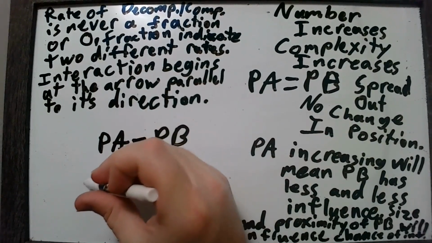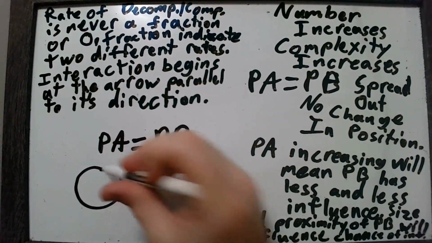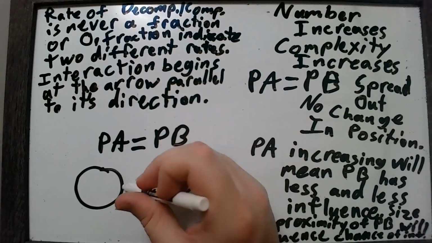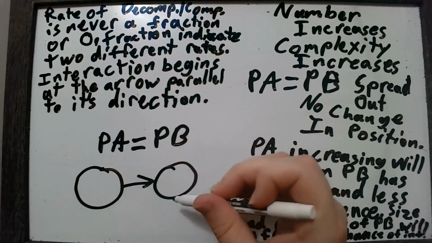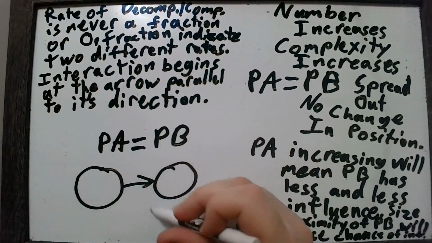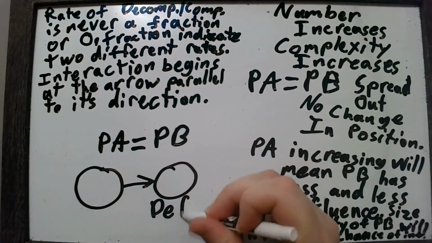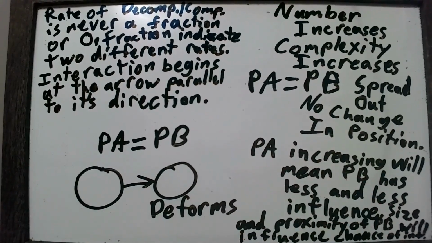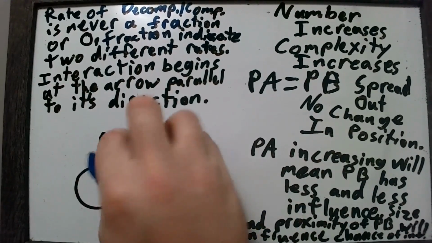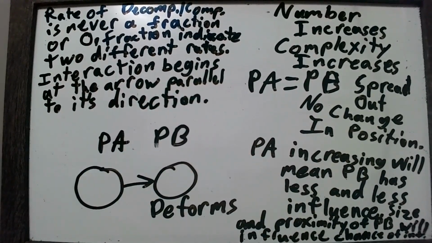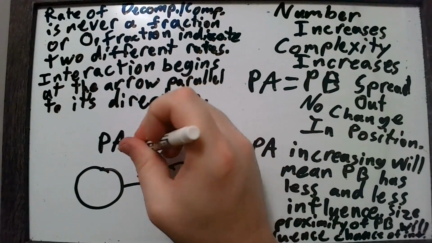So if, let's say, PA is this size and PB is this size and PA is greater and pushes this way, that means that PB is going to deform if all of a sudden PA no longer is equal but is greater. Okay?